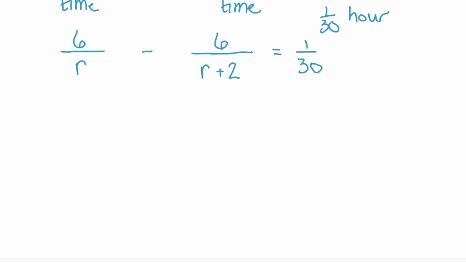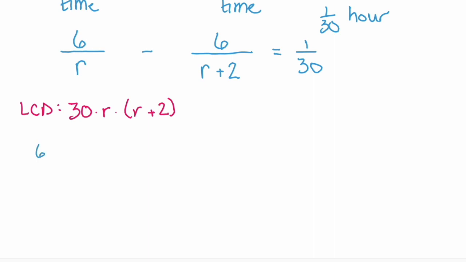Now that we have our rational expressions for each of our racers, we're going to find the LCD, the least common denominator. And the least common denominator for all 3 rational expressions is going to be multiplying all of those denominators together. So 30 times r plus 2.